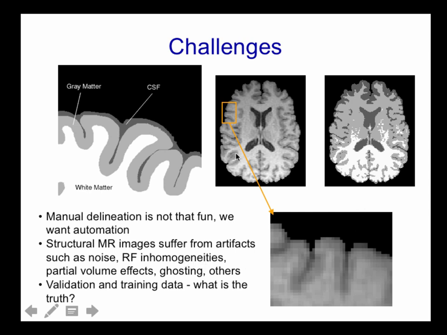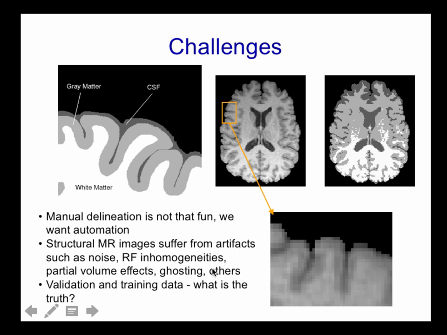Another thing I'm showing here is that some of these images have RF inhomogeneities. This is where the coil sensitivity causes the images to be brighter or darker in different locations. If you just assume that the intensity value of a pixel is the same throughout the image, then you'll get a not very good segmentation, as shown there. This idea of limited resolution is something we call partial volume effects.